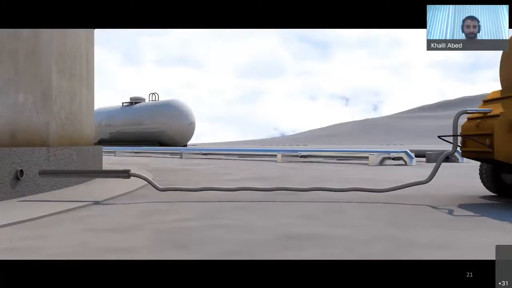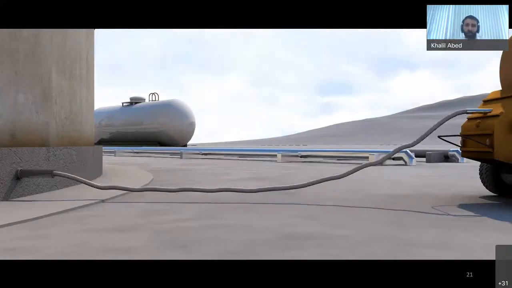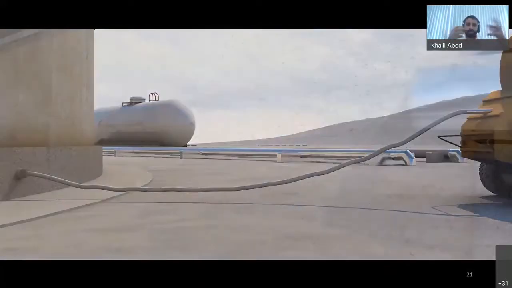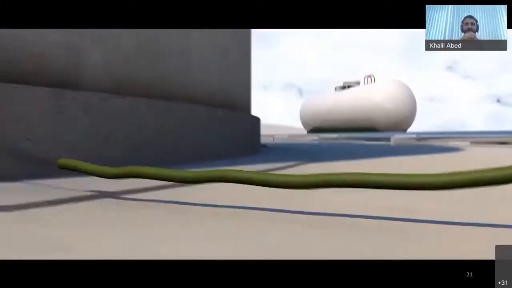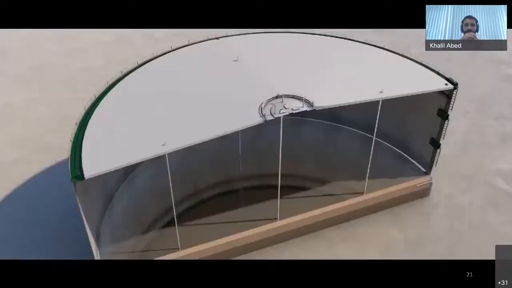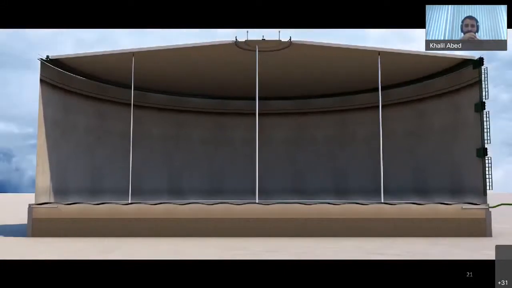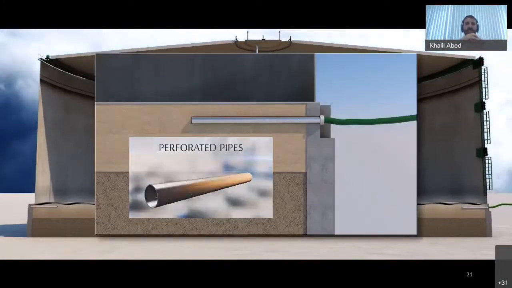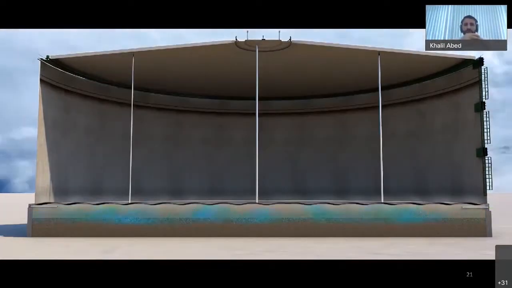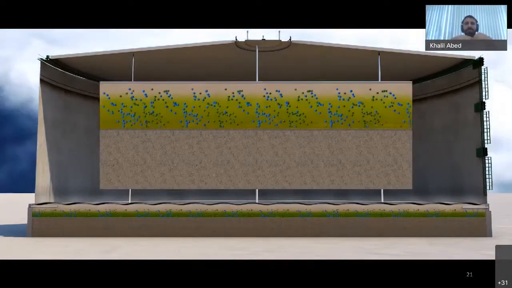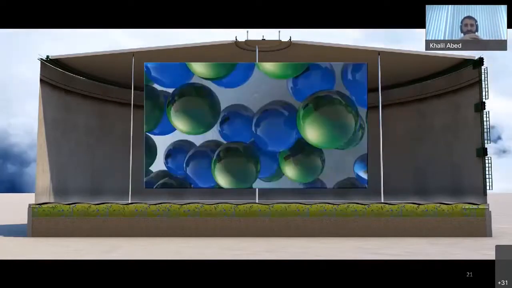This is an animation that shows how the application methodology is done. We core drill into the ring wall, we push perforated PVC tubes all the way to the center of the tank, and then inject the vapor phase corrosion inhibitor liquid into the sand pad, and again the liquid will diffuse through the sand and reach the underside of the tank floor.